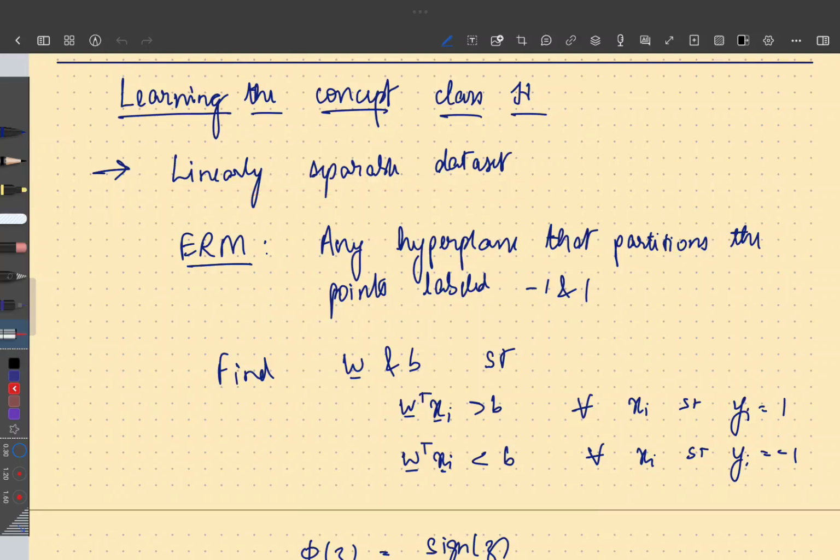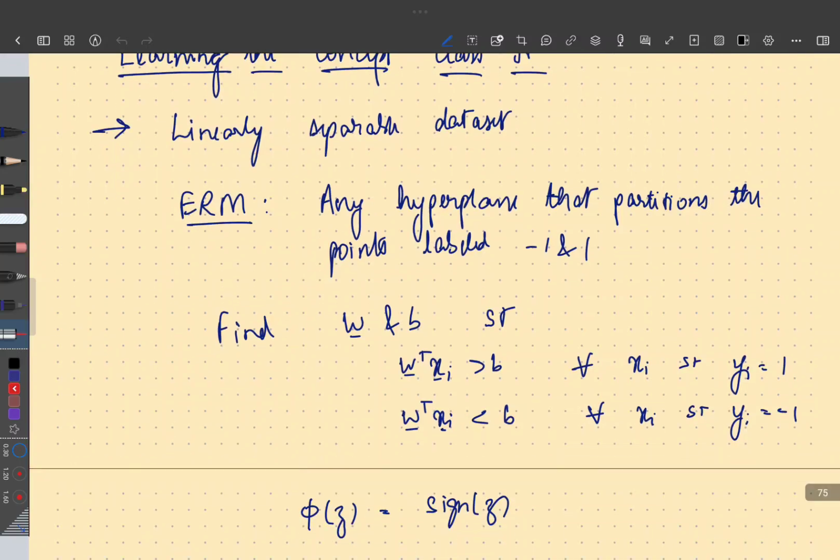If you're learning the concept class H, then you're guaranteed that the data set is going to be linearly separable with probability 1, and then it boils down to learning the concept class H.